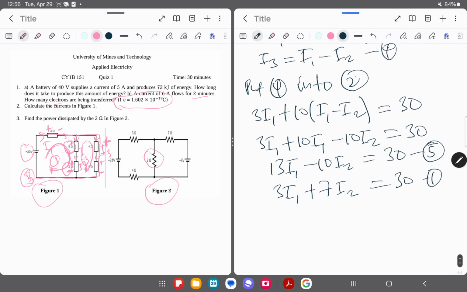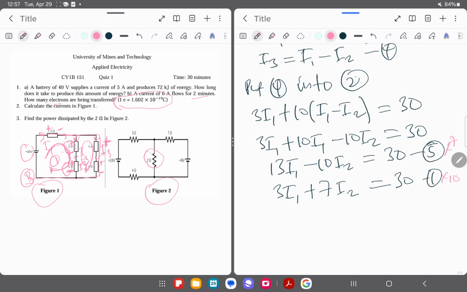Now I'm going to solve this using the elimination method. Let me try and eliminate I2. Meaning I'm going to multiply equation 5 by 7 and equation 1 by 10.